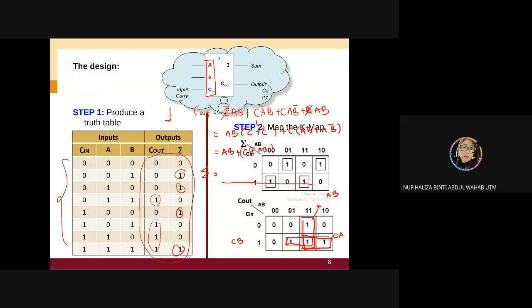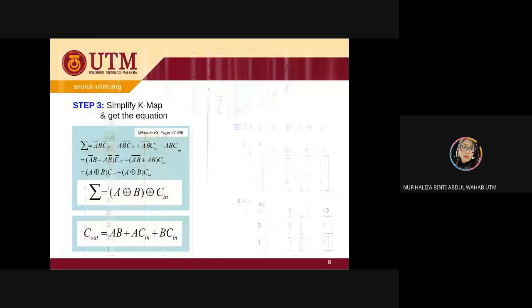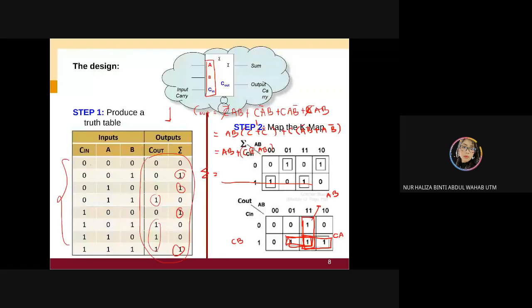Okay, so this is my output. C, B, C, A. So finally, I'm going to get like this for my output C out. Just now I came to my C out, right?